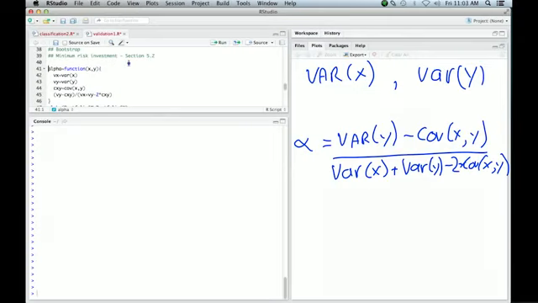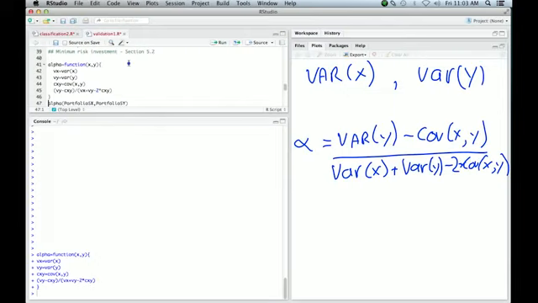So we'll write a function for computing that formula. It's a simple formula. Given two vectors X and Y of actual data, we write our function alpha, and inside it we compute variance of X, variance of Y, covariance of X and Y, and then we just write out that formula. Okay, and close parens, which means that the function will return the last line that was evaluated, which is actually our alpha.